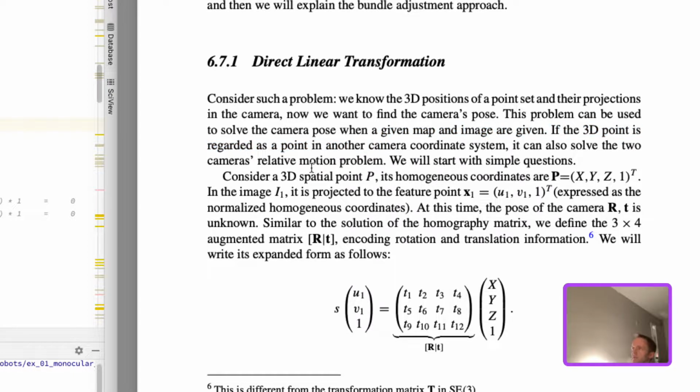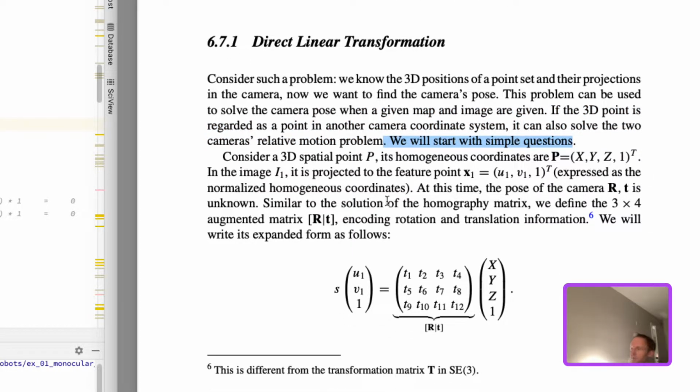Yeah, exactly. If a 3D point is regarded as a point in another camera. Okay, so we'll start with simple questions. Yeah, I love the tone of this book. Just so cute. And this is not meant as criticism, I honestly just love it.